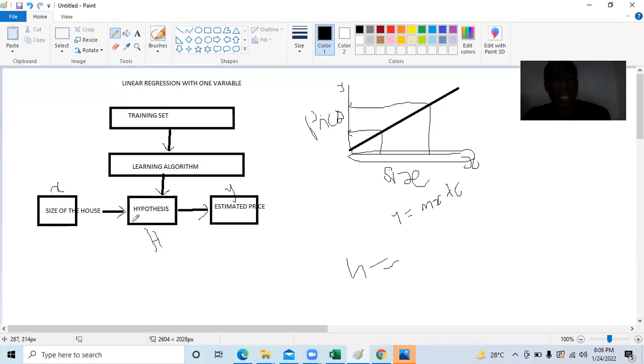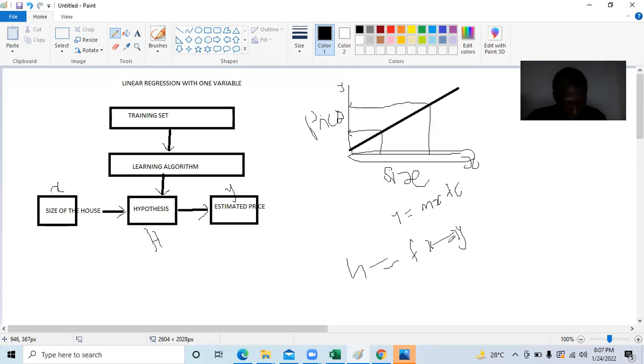So we are basically saying that h is a function that maps x to y, right? Remember, this is linear regression with one variable. So the variable we are using is the size of the house. So the hypothesis h is a function that maps x to y.